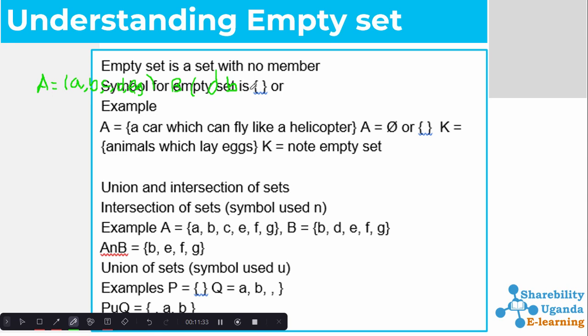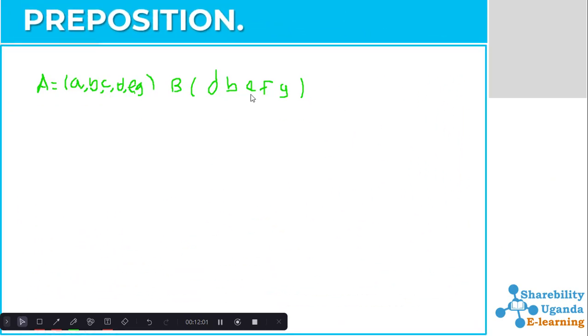We have E, we have F, we have G. These are the members that are in our set B. So when you look at these members, we can first identify which members are in common.